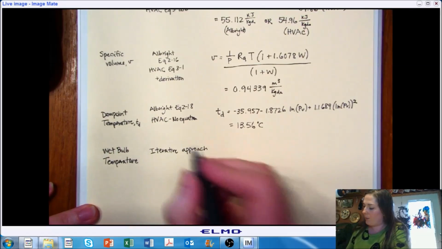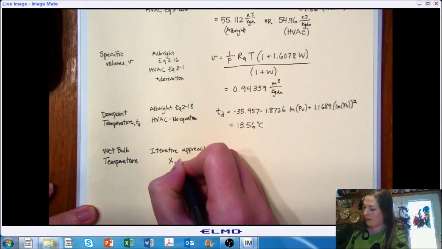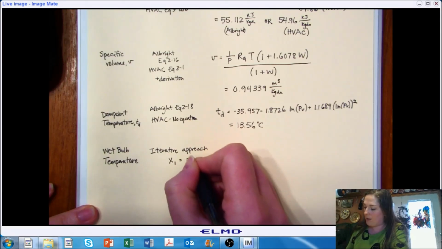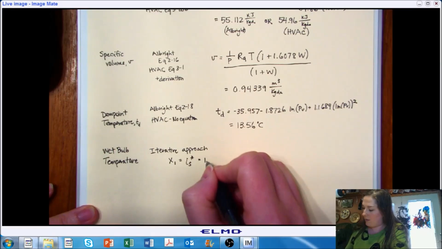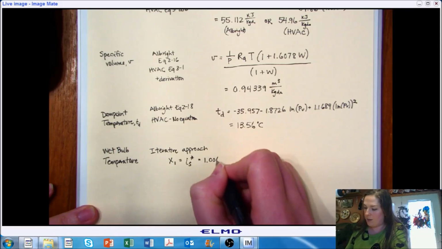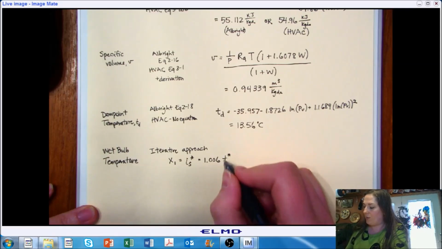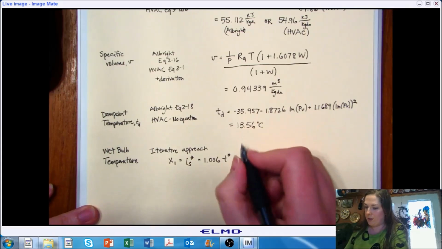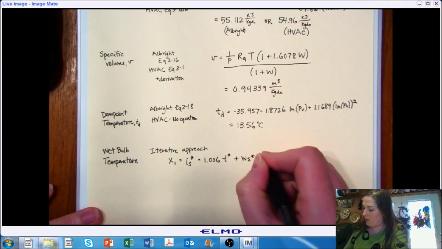And this iterative approach looks at our enthalpy at saturation. So we're going to employ that equation, but we're going to do it at saturation, which is related to our wet bulb temperature. So this star means saturation on each of these equations.